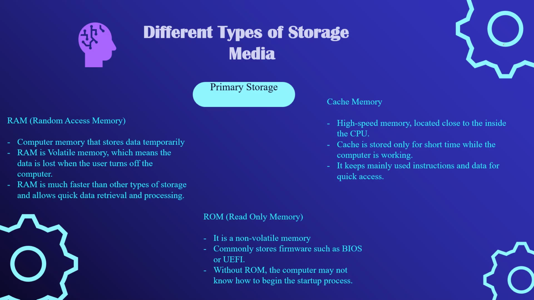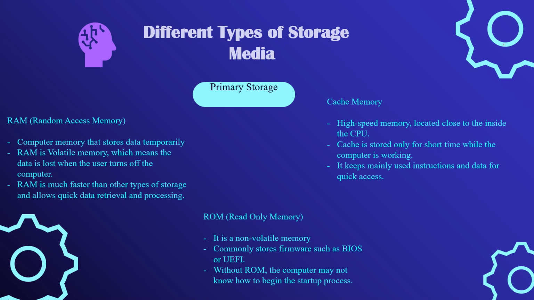The second type is ROM, read-only memory. Unlike RAM, ROM is non-volatile, which means the information stays even after the power is switched off. ROM commonly stores firmware such as BIOS or UEFI, which are small programs that run the moment you turn on your computer.